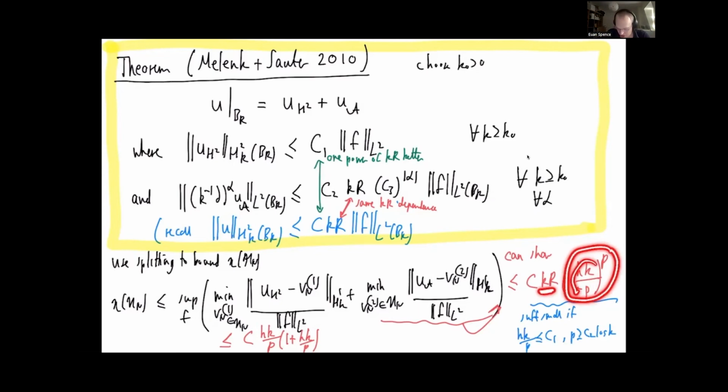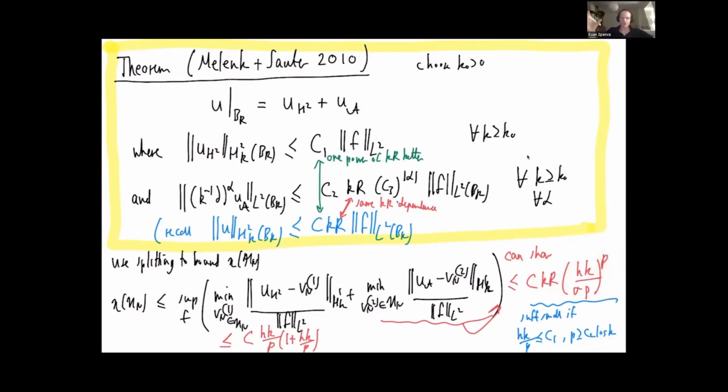In fact, I could replace this k with any polynomial, with k to the M for some M. So this is the polynomial resolvent bound Stephen was asking me about after last lecture. I can have much worse dependence of the solution operator, k to the M, and still absorb that, when hk over p is sufficiently small and p is greater than some constant times log k.